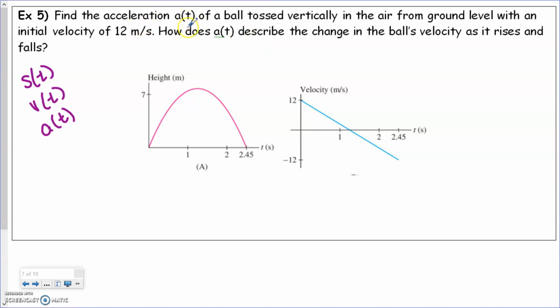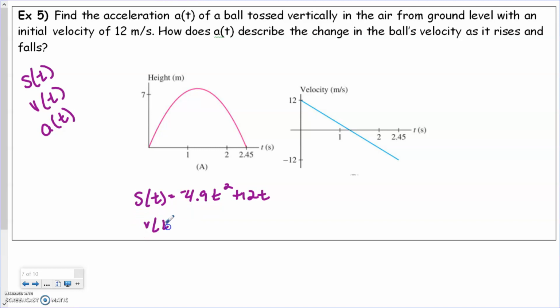So find the acceleration of a ball tossed vertically in the air from the ground level with an initial velocity of 12 meters per second. How does a of t describe the change in the ball's velocity as it rises and falls? So our function is s of t equals negative 4.9 t squared plus 12t.